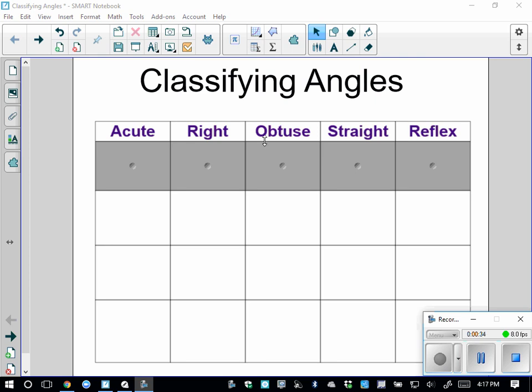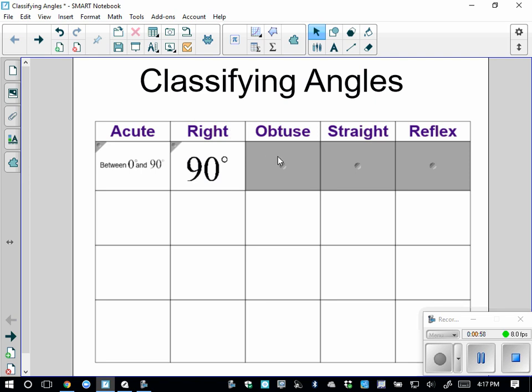Probably the one you're most confident with is the right angle. And a right angle is an angle whose measure is 90 degrees. And then I know from talking to you in class, acute angles, you spent a lot of time talking about in elementary school. So an angle that is acute would be an angle whose measure is between 0 and 90 degrees.